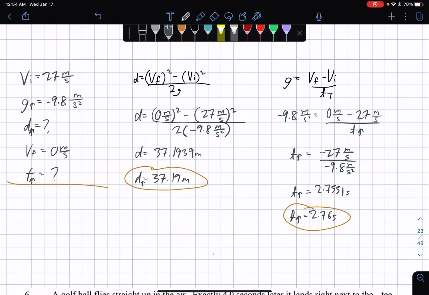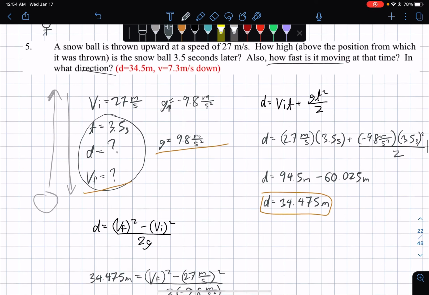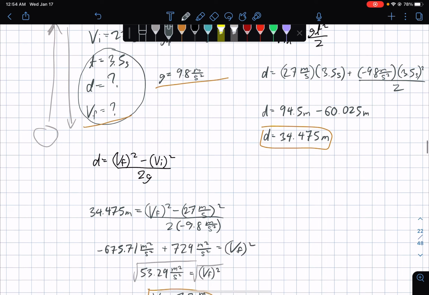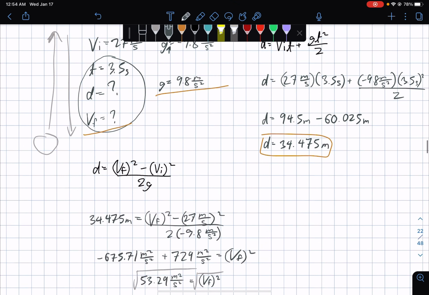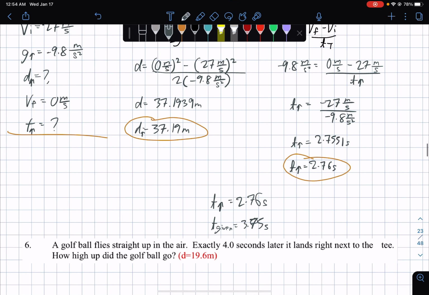So time going up is 2.76, and the given time is 3.5 seconds. I keep forgetting, 3.5. I always overthink.